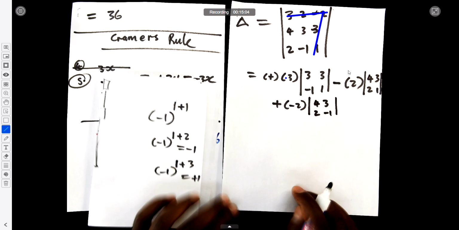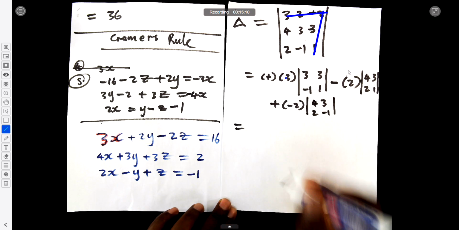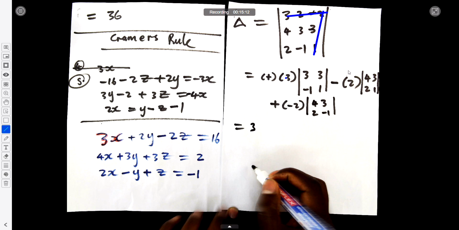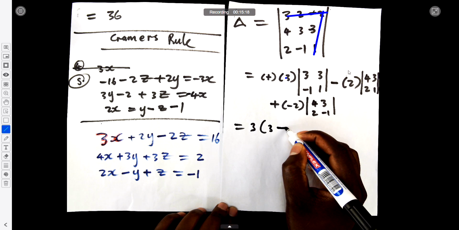We can evaluate now. Not to waste time, we'll have 3. Therefore, multiply 3 times 1. So we have 3 minus. Always the formula, it's minus. Do not forget that.